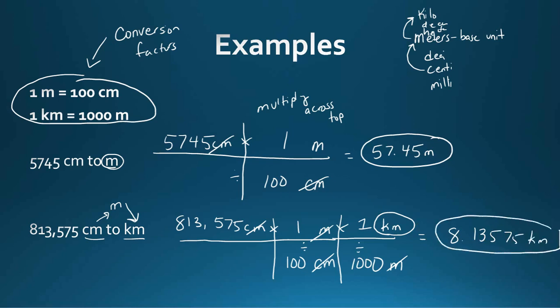Okay? So basically what you're doing, you set up your goalposts, you make sure your units cancel, make sure your conversion factors are filled in, and multiply across the top, and then divide across the bottom.